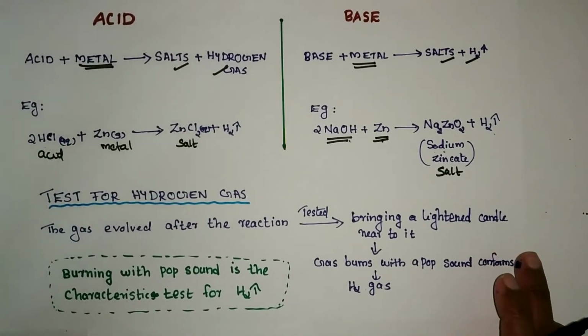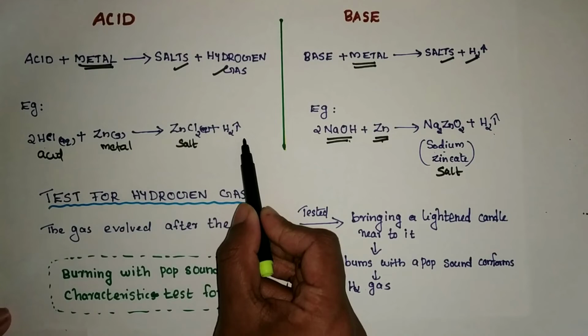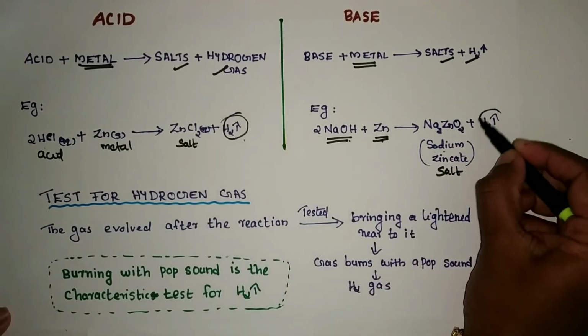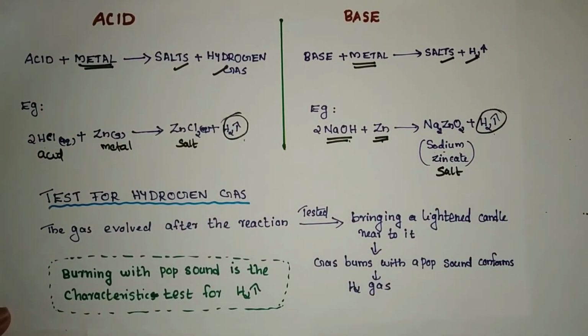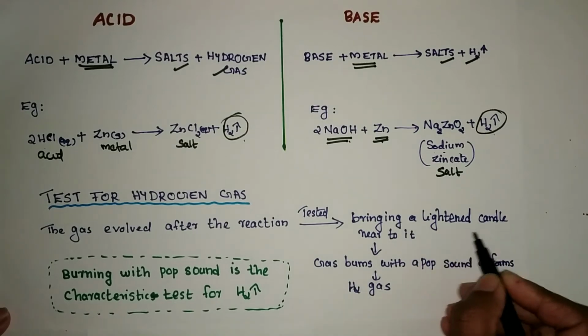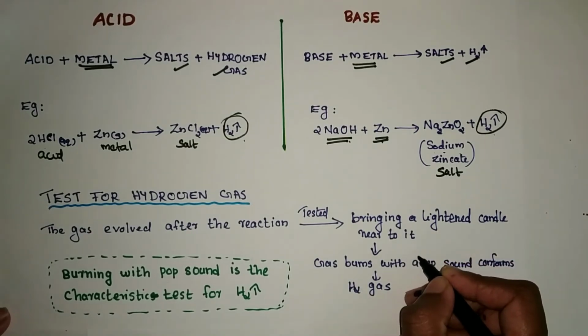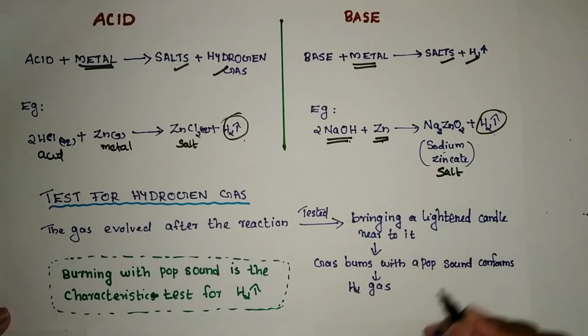So we have a test for the detection of this hydrogen gas liberated when acids and bases react with metals. The gas evolved after the reactions is tested by bringing a lighted candle near it.